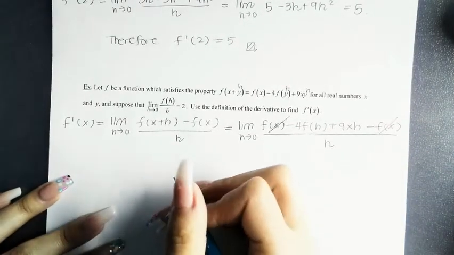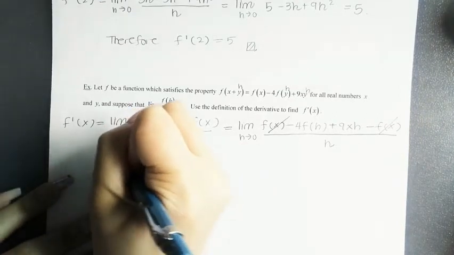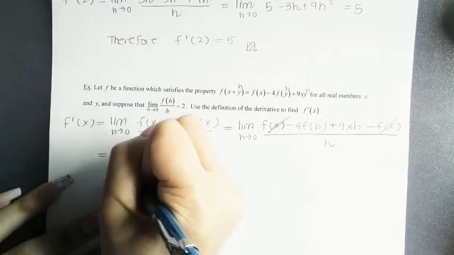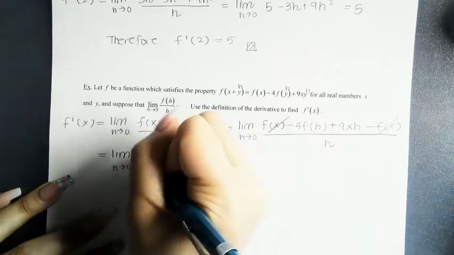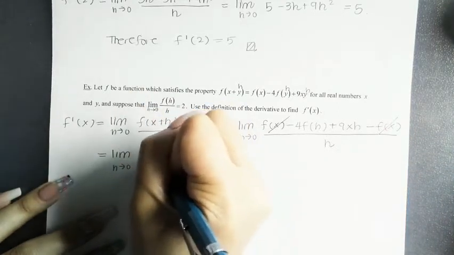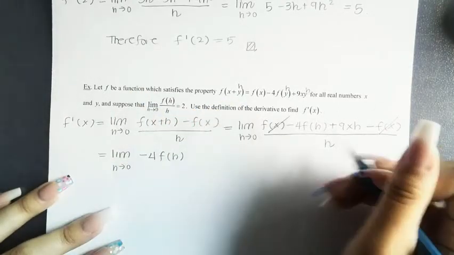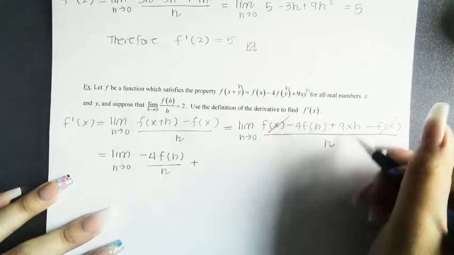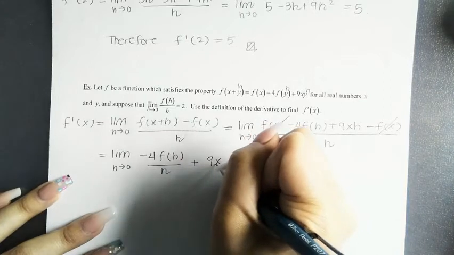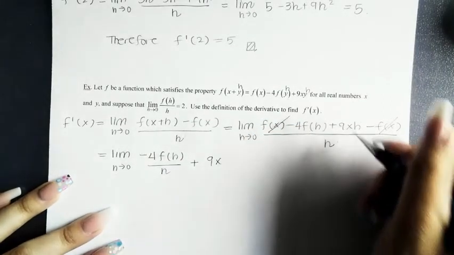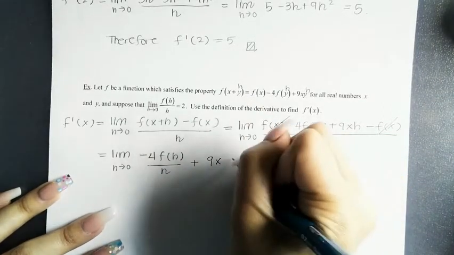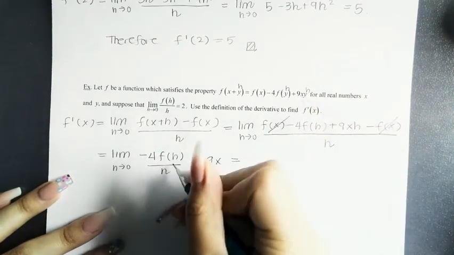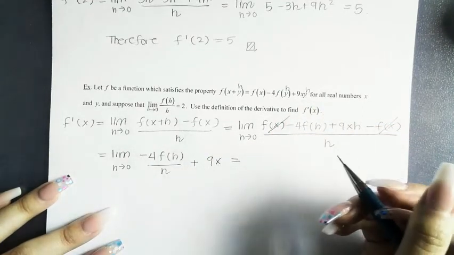Okay, so what do you have here? You have that this is equal to the limit when h approaches 0 of what? You have that it's going to be negative 4 f of h divided by h, and if you separate this, tricky enough, you realize that this would be 9x, okay? Because I cancel the h's, okay? So you have that this is going to be equal to what?